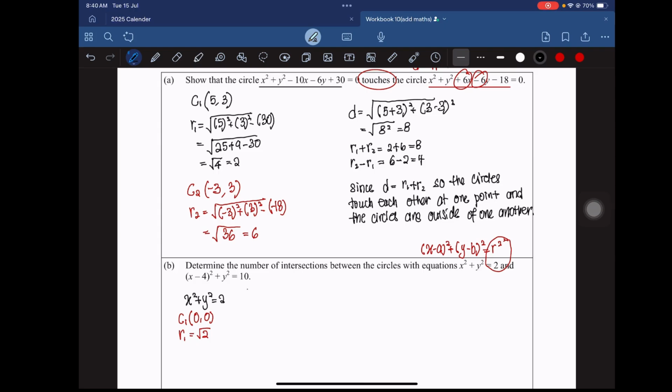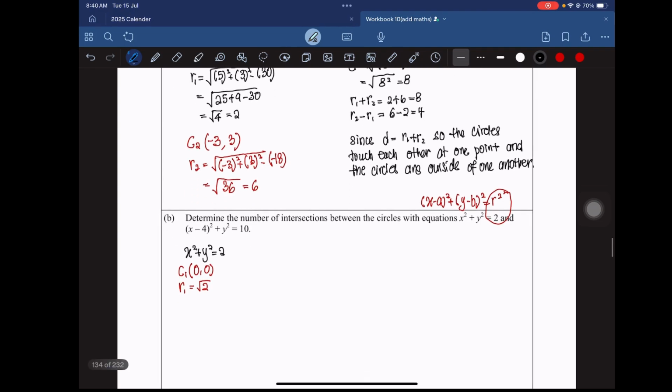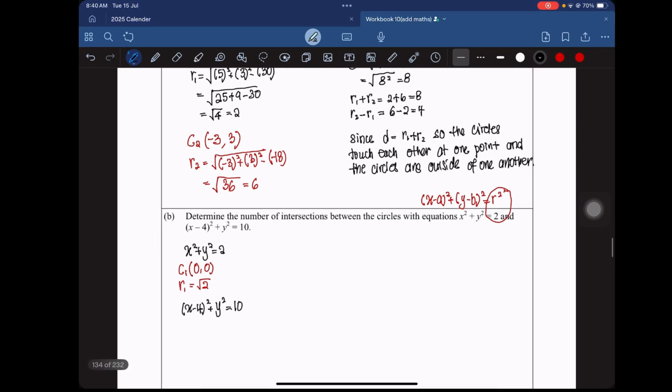So the next one, you have x minus 4 squared plus y squared equals 10. Then what is your C2?